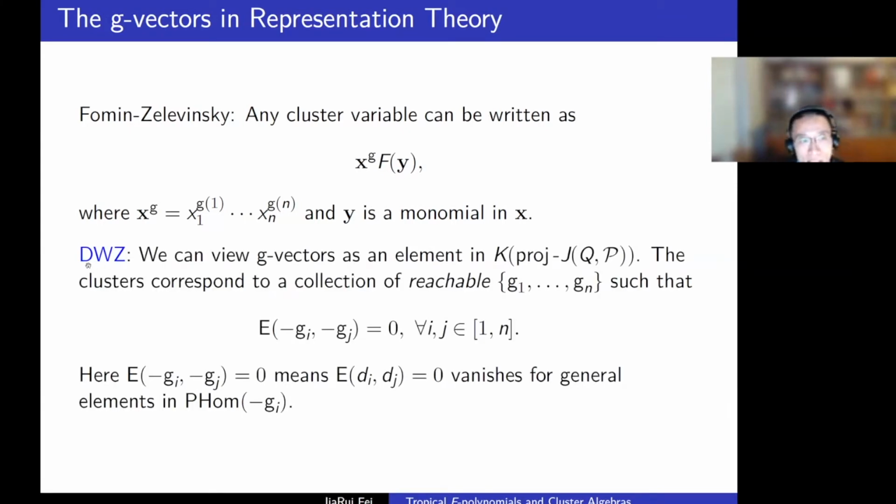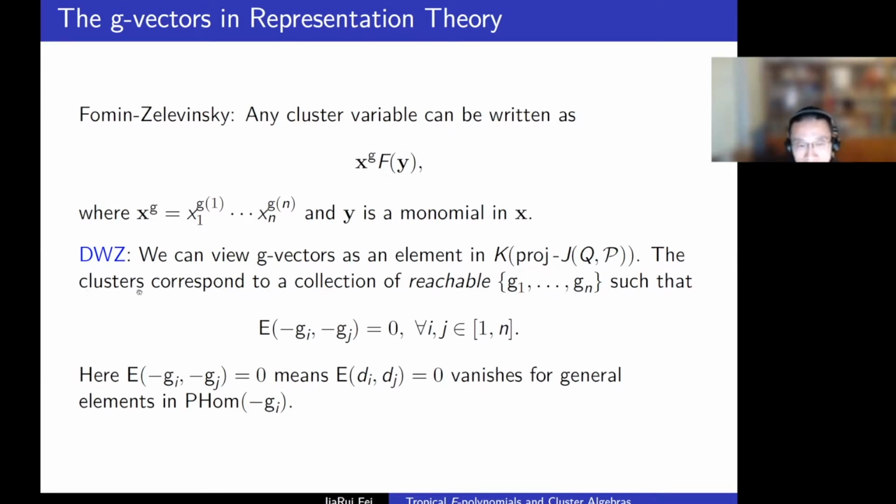The point of Dehy, Keller and Zelevinsky is that those g-vectors can be viewed as elements in the K group, the presentation K group of the category of presentations of the Jacobian algebra. So the question is, the cluster will correspond to what kind of g-vectors?